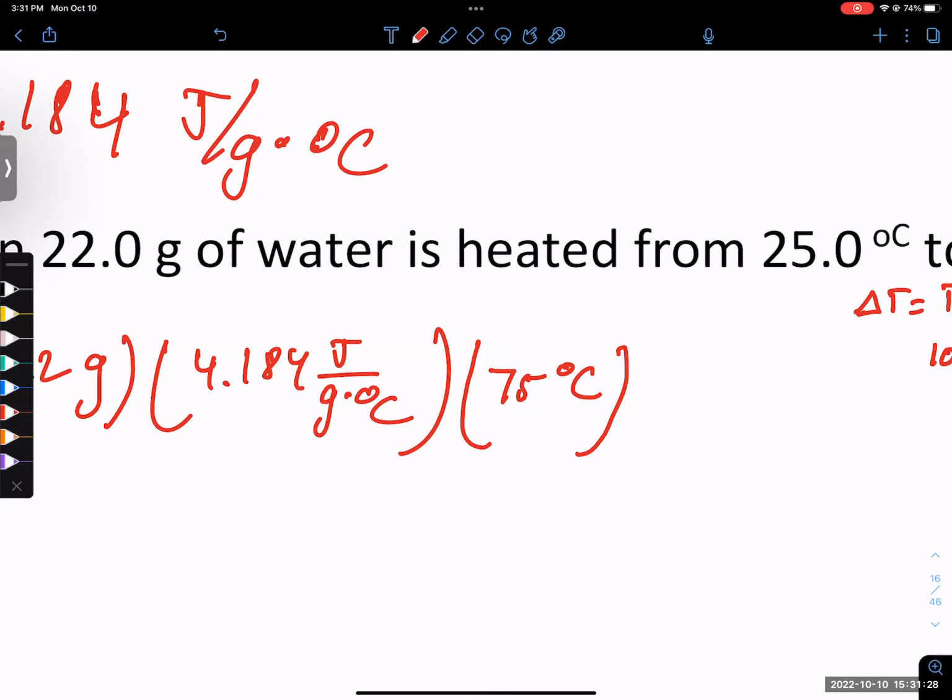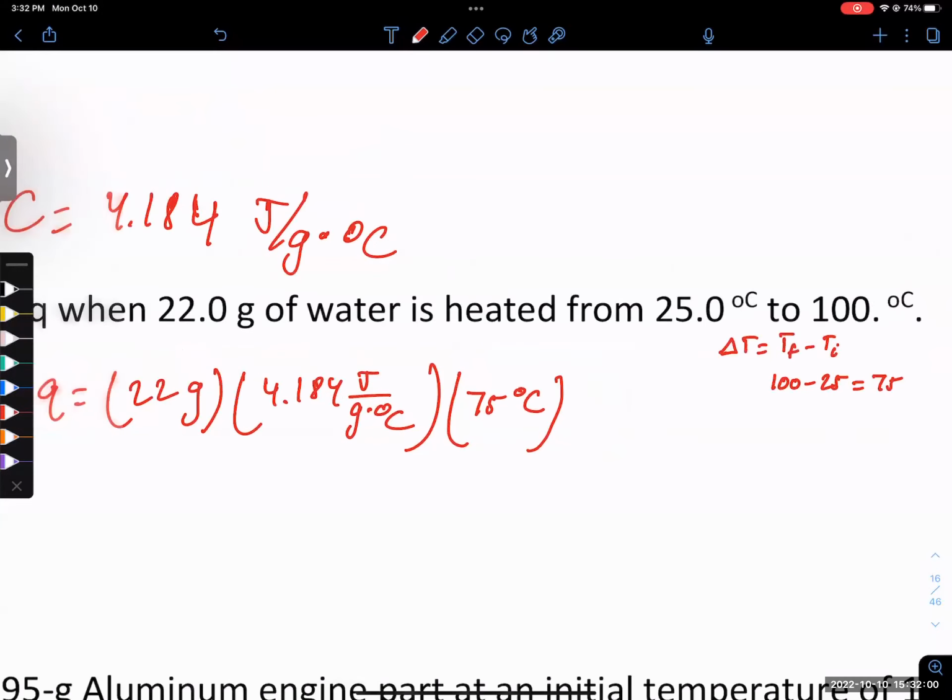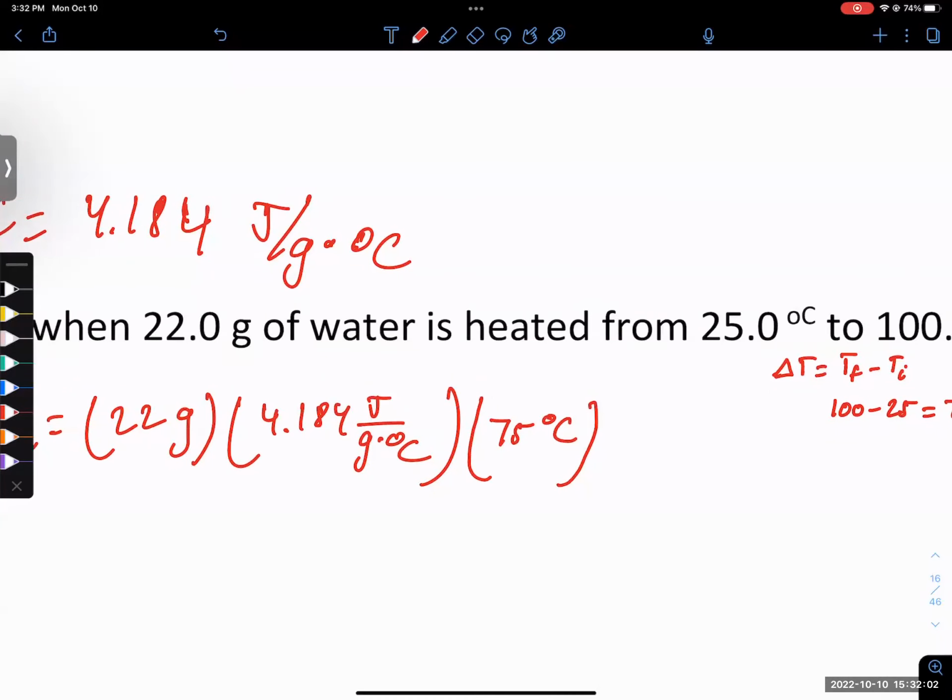If it's positive, is that endothermic? Yeah, positive is endothermic, negative is exothermic. Exactly, you got the idea halfway there.